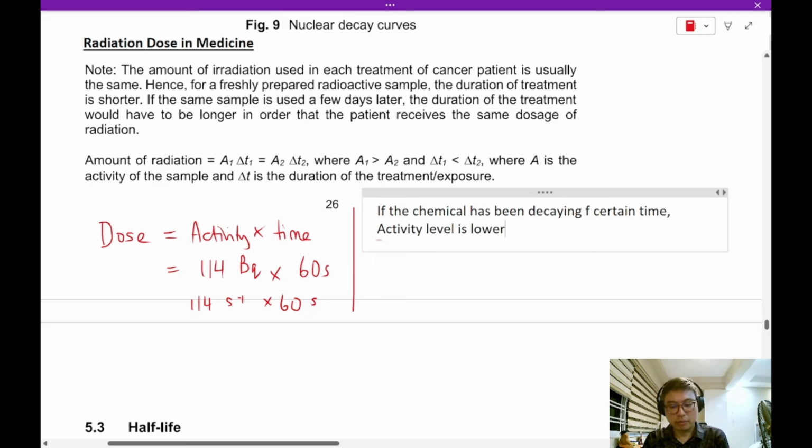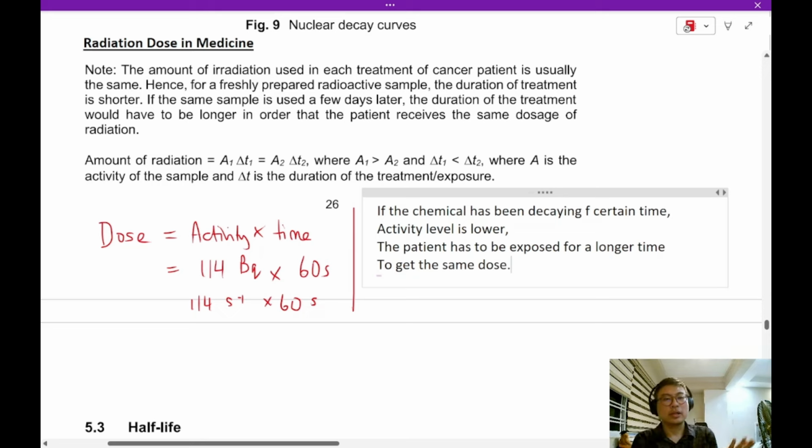Now, if the activity level is lower, then the patient has to be exposed for a longer time to get the same dose. Does it make sense to you? Okay, so the dosage is the activity level multiplied by time. If the radioactive medicine has been decaying for a certain time, then its activity level is lower. Then if you use that chemical, which is less radioactive, the patient will have to be exposed for a longer time to get the same dose.